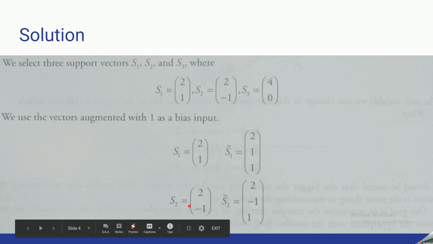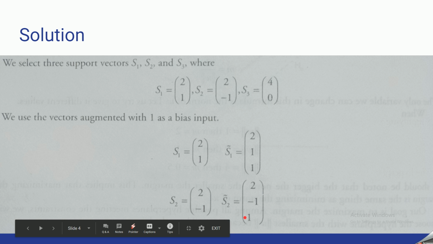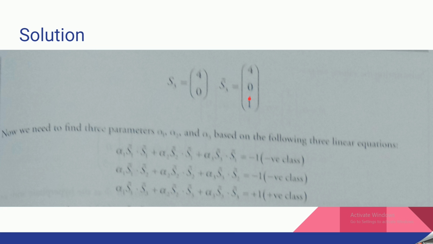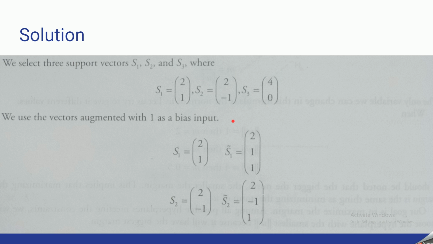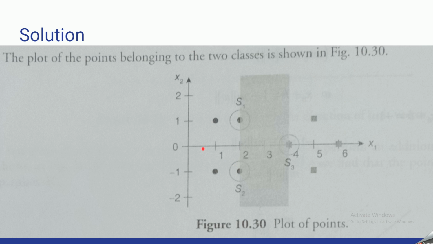Similarly, S2, which is (2,-1), now becomes (2,-1,1), because we are adding a bias with a value 1 into this vector. The same goes for S3, which is (4,0,1). Now if you see the plot, we can consider these 2 points to be negative and this side to be positive.